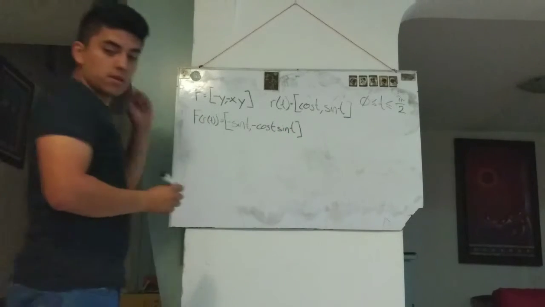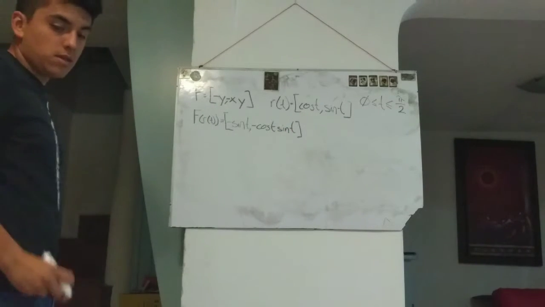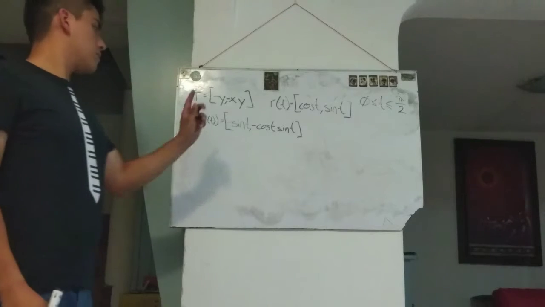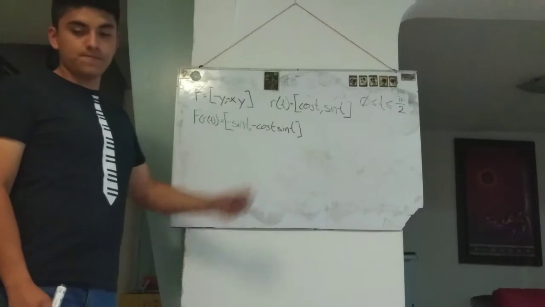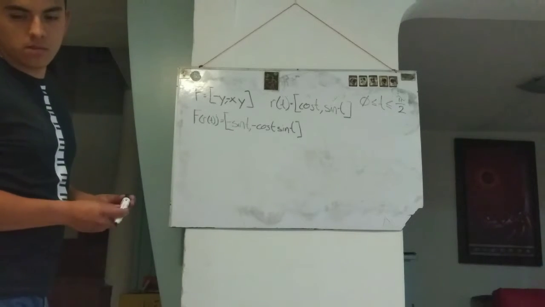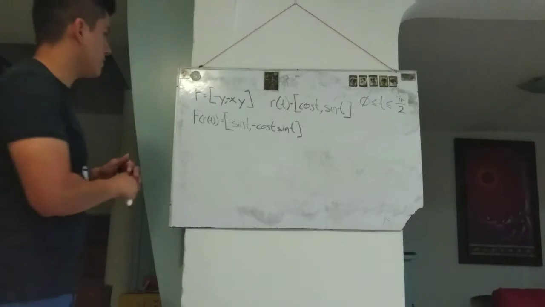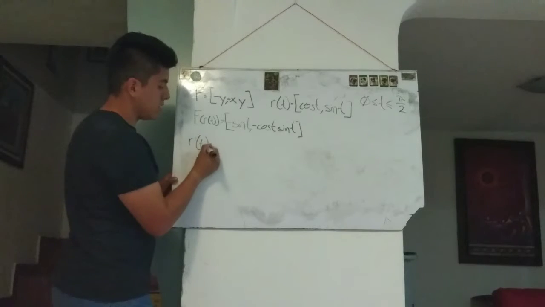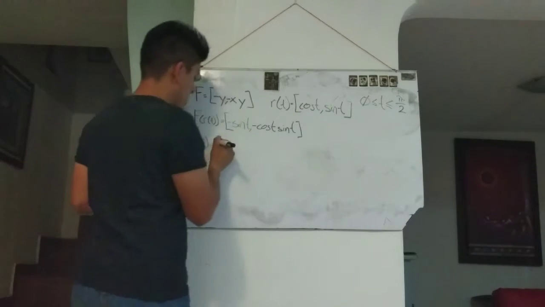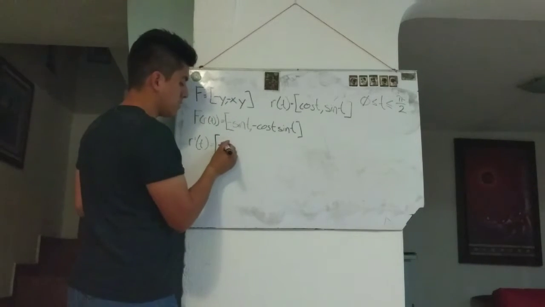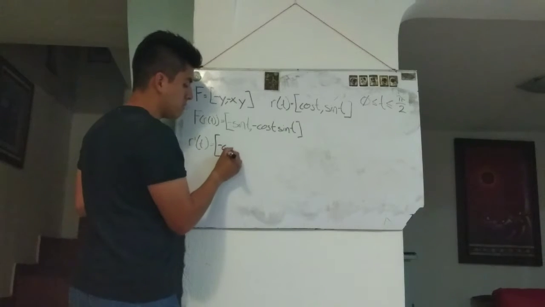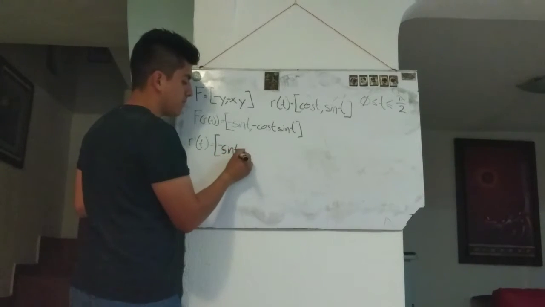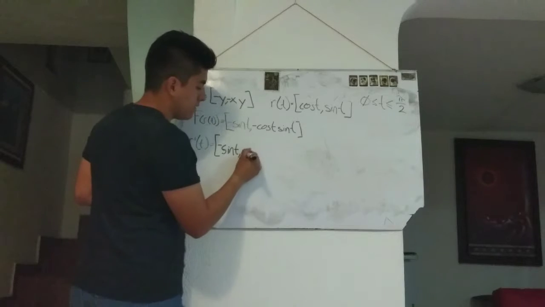And then we need the derivative of this, but easy. Our r prime of t is the derivative, so the derivative of cosine is minus sine, sorry, cosine of t.